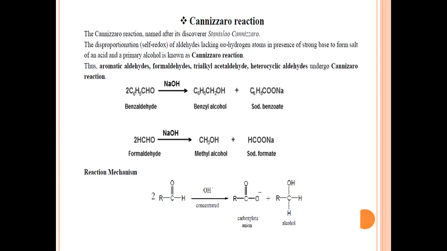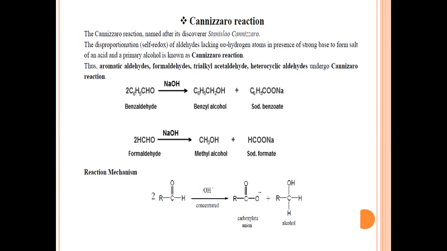Now the second example is formaldehyde. This formaldehyde, when it reacts with a base, is going to form methanol plus sodium formate, one of the products being a salt of its acid and the other a methyl alcohol.